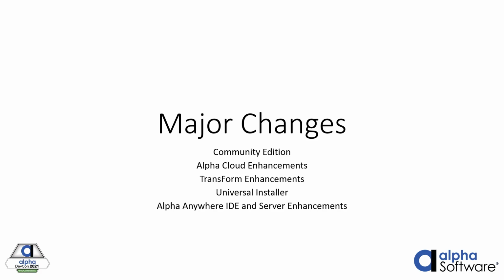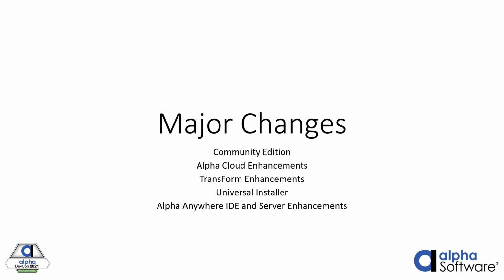We also made continued enhancements to Alpha Cloud itself. We did major enhancements to Transform. We released the Universal Installer, which, for those of you who have used it, I think you'll all agree is a fantastic improvement over the old installers, because you can install any old version of Alpha Anywhere or any version of the product family, whether that's the Alpha Anywhere IDE, the classic server, the IIS server, or the runtime, from a single installer, without having to look for different links.